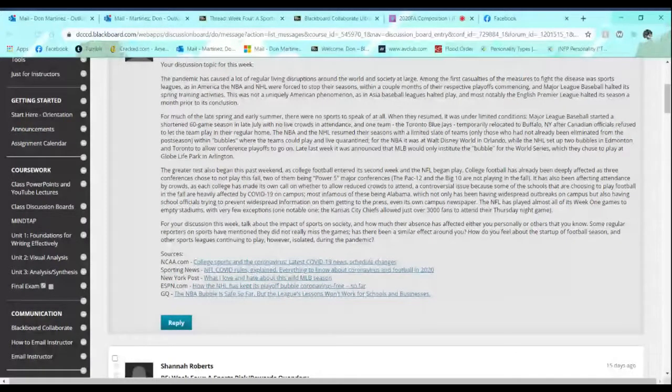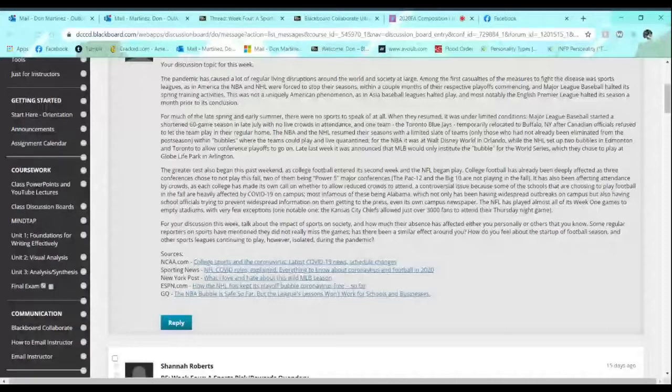It has also been affecting attendance by crowds, as each college has made its own call on whether to allow reduced crowds to attend, a controversial issue because some of the schools that are choosing to play football have COVID-19 on campus. Most infamous of these being Alabama, which not only has been having widespread outbreaks on campus, but also has school officials trying to prevent widespread information on them getting to the press, even its own campus newspaper.